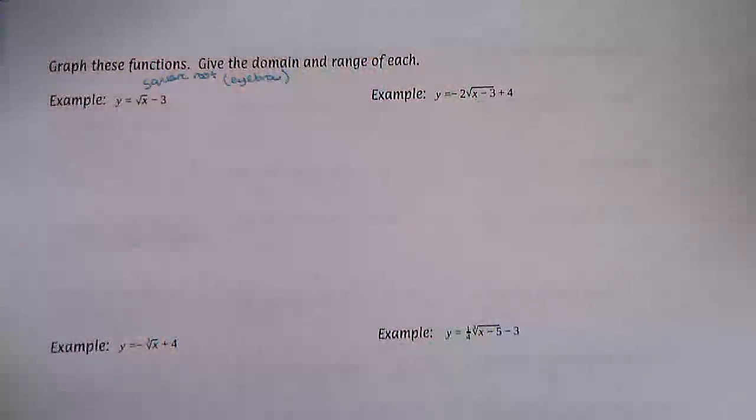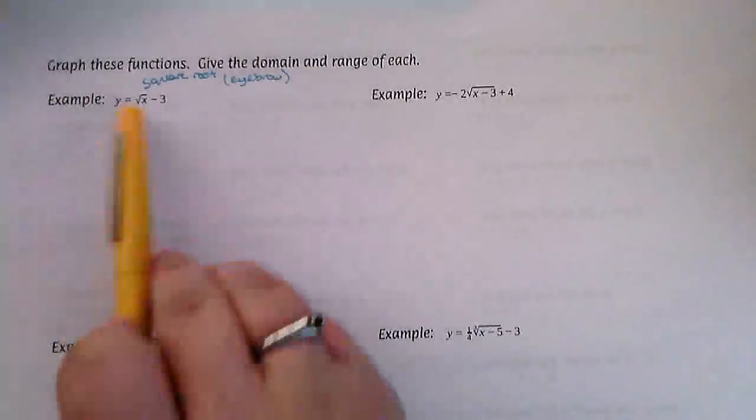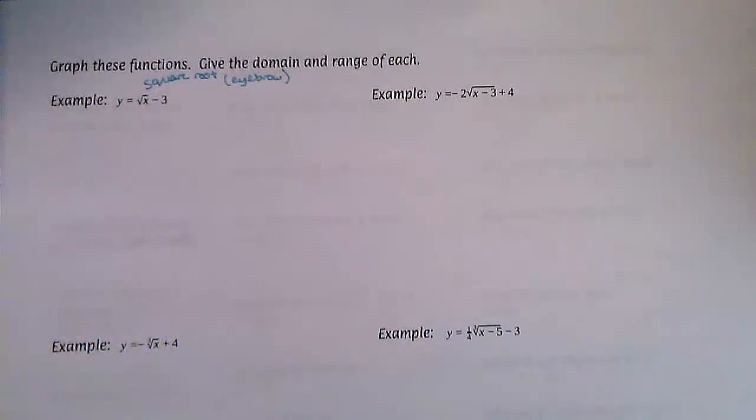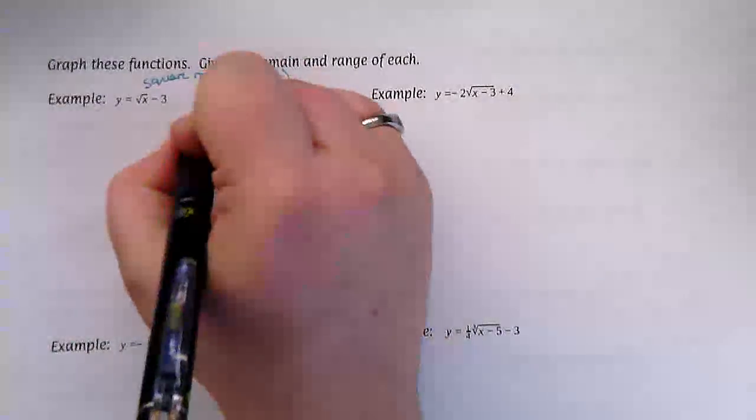So now I need to look, does it have any transformations? So let's look at our transformations. So do we have transformations? Yes, we do. Anything that's not just square root is a transformation. So it looks to me like I have a shift down 3.